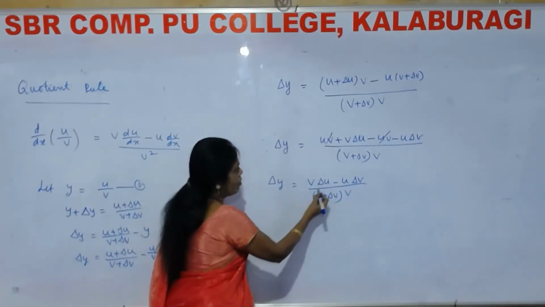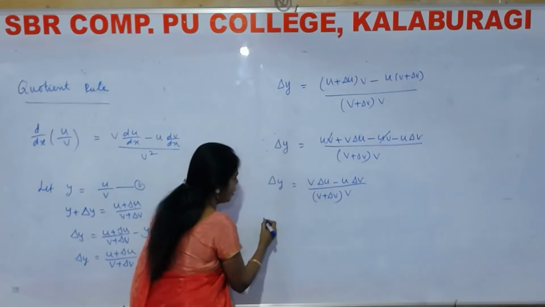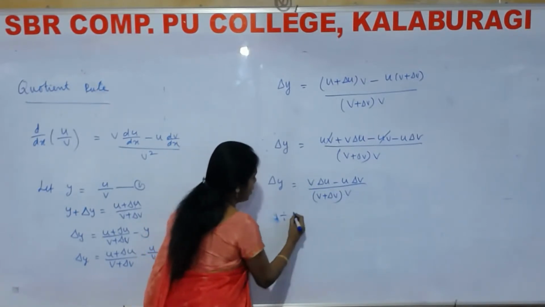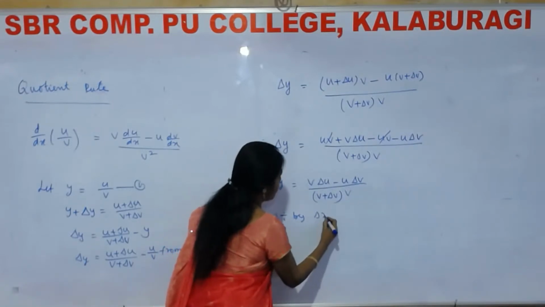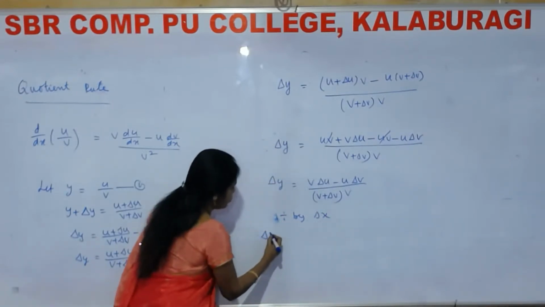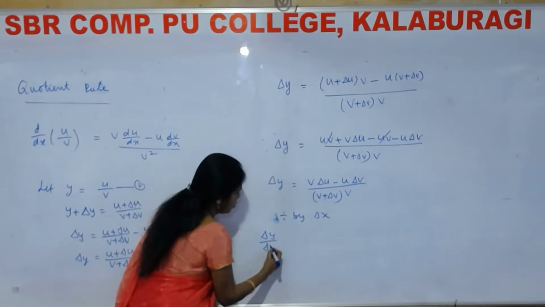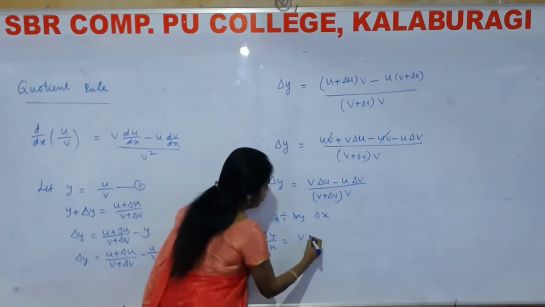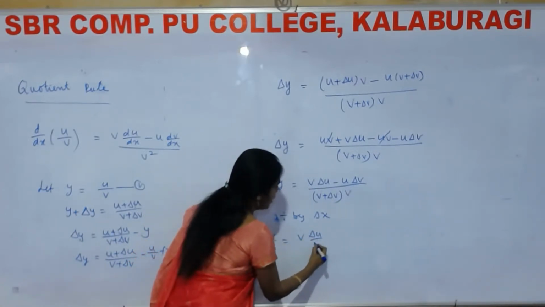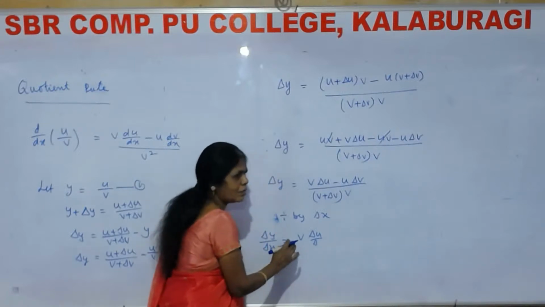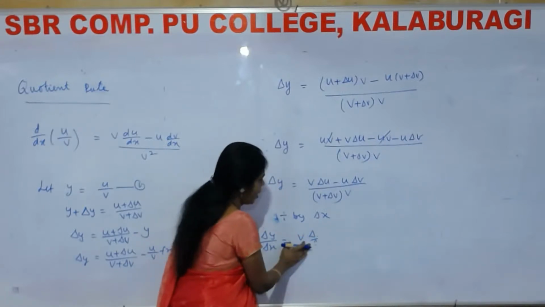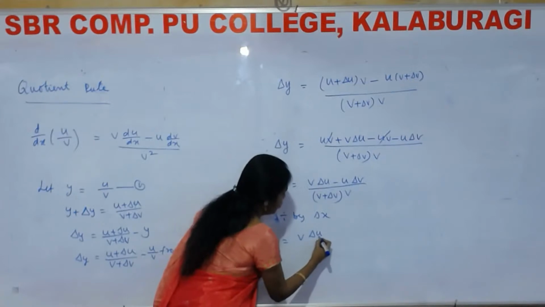Okay, I'm going to divide only the numerator. You can understand when I'm writing this step. Divide by delta x. v into delta u by delta x, minus u into delta v by delta x, whole divided by v into v plus delta v. Wherever I need, I will divide. It will not affect the equation.